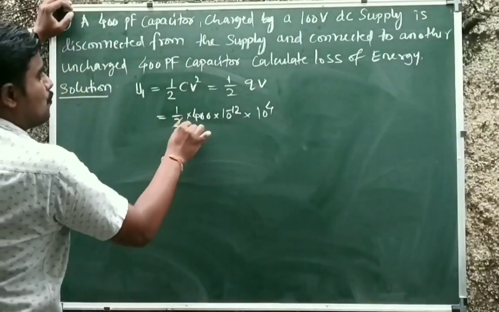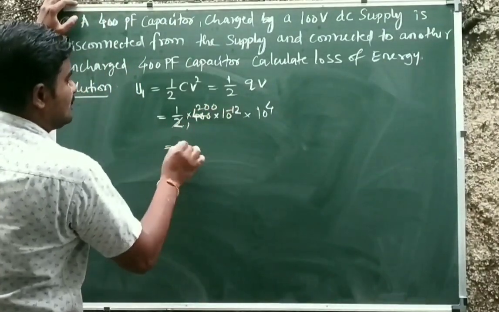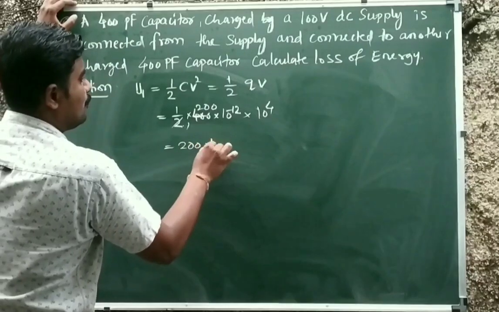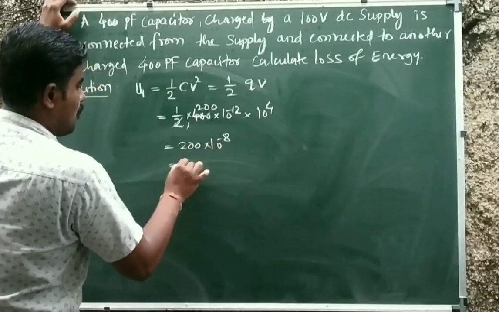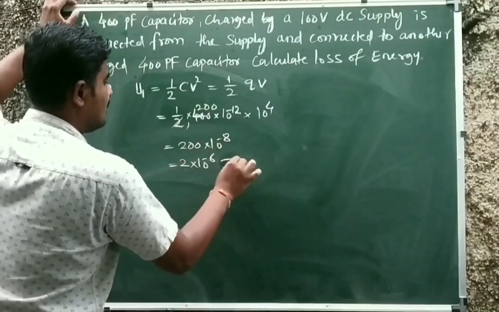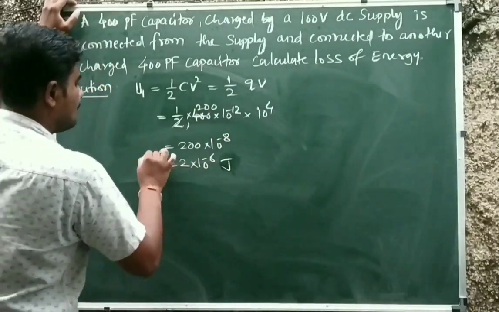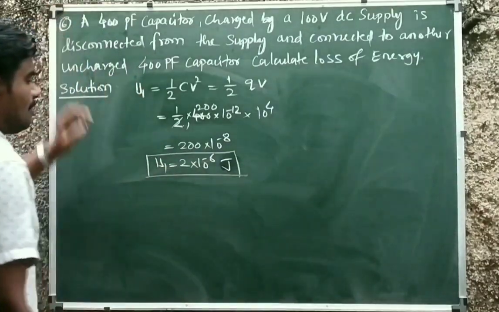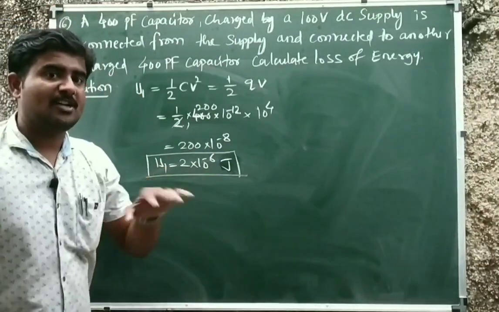So 2 ones are 200. So it is 200 into 10 to the power minus 8, or 2 into 10 to the power minus 6 joules, since energy is there. This is U1, the energy stored in the charged capacitor.